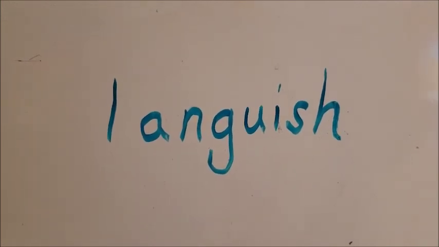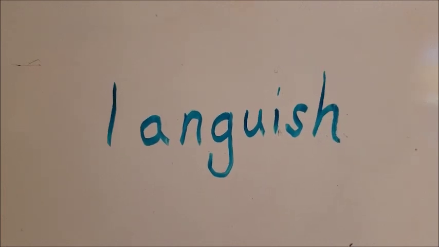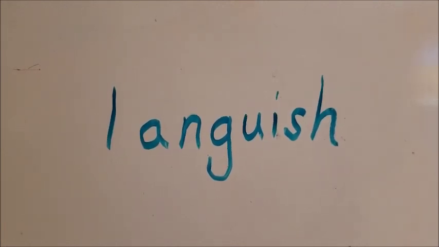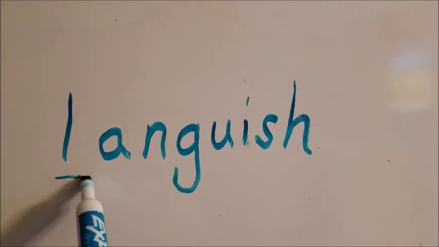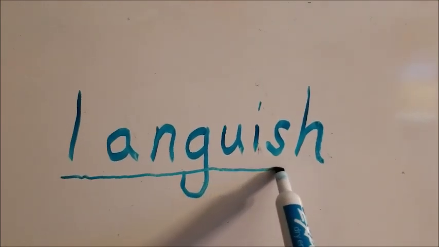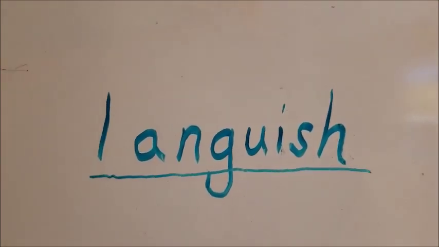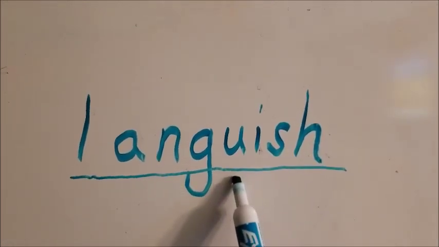Wow, there are some awesome words in this chapter, boys and girls. Look at this one. Let's sound it out together. Anguish. Yes, boys and girls. That makes the wuh sound.